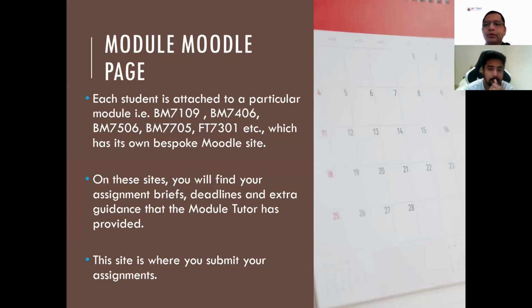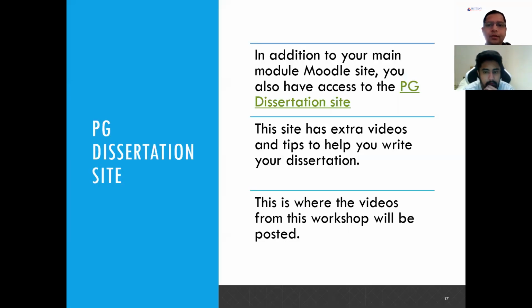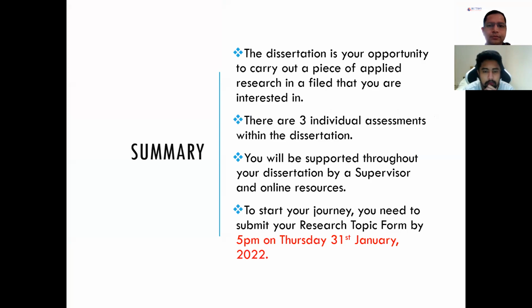You can also refer to previous dissertations completed by other students. So you can have a look into this, right? So as I mentioned, the 3 individual assessments within this dissertation, your support through the dissertation by a supervisor, and the online resources. To start your journey, you need to submit your research topic by the 31st. So that's all about this.